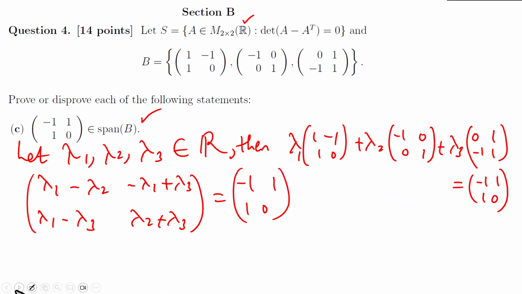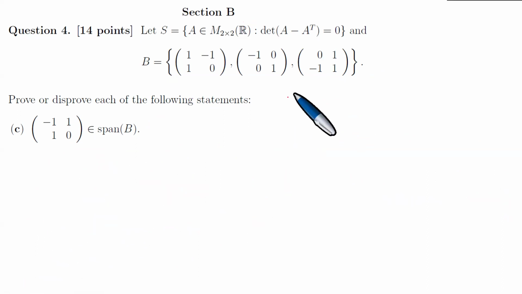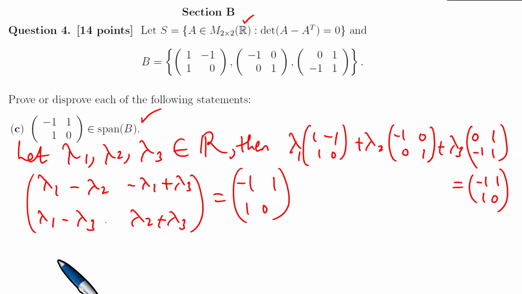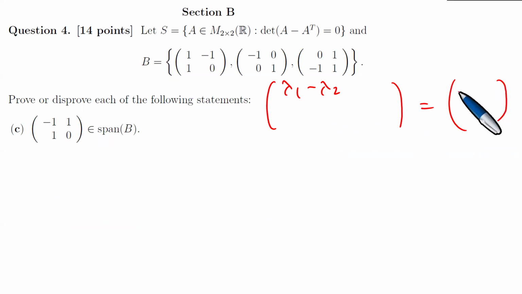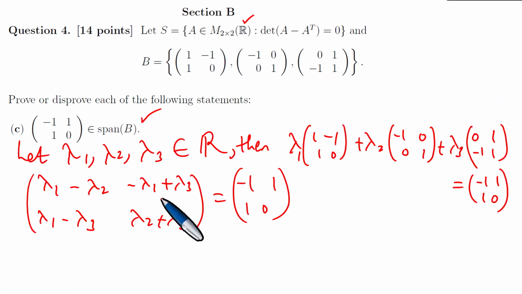But from this, we have interesting stuff to do, because now we have lambda 1 minus lambda 2 equals minus 1. We're going to break this into a couple of equations. Minus lambda 1 plus lambda 3 equals 1.